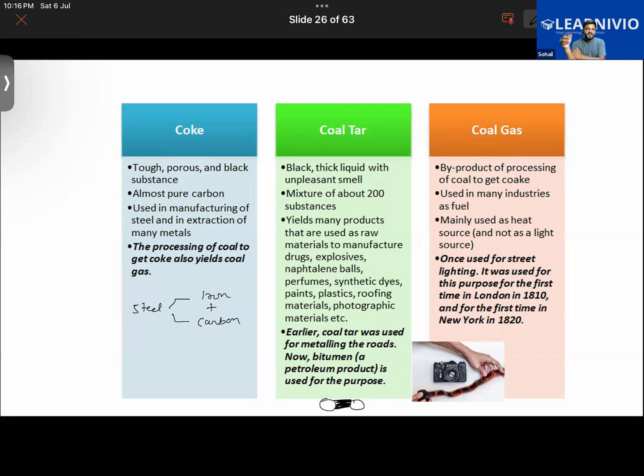It is used in industries as a fuel, because nowadays we have better alternatives for street lamps. We have LED bulbs, which consume far less energy than street lamps running on coal gas.